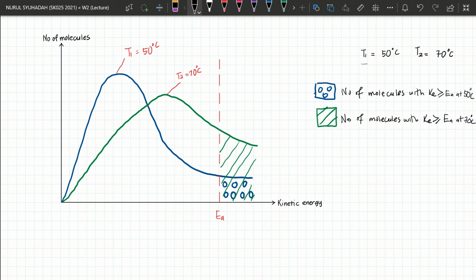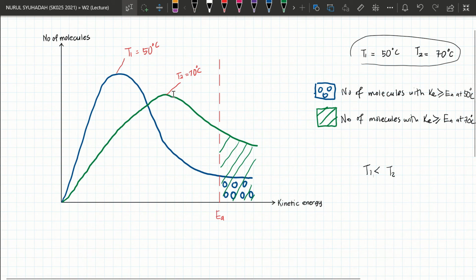But you need to make sure that you clearly have this information. If the question doesn't give you any temperature, and just gives you T1 and T2, you need to clearly state that T1 is smaller than T2, and then you can label on the curve here.